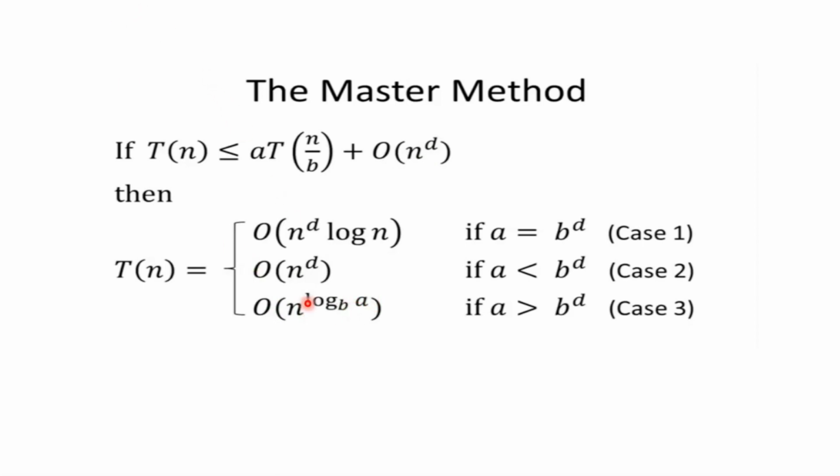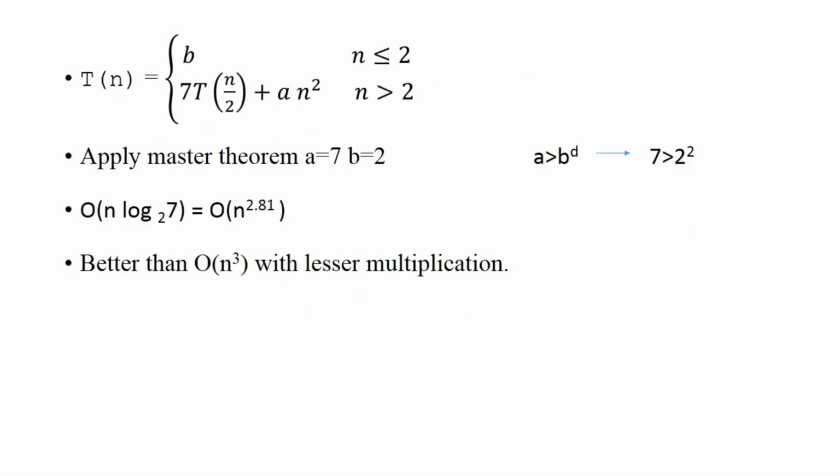So if we apply this to this recurrence relation which we have seen, the value of A as seen in the master theorem is 7 and B is 2, and here D is 2.